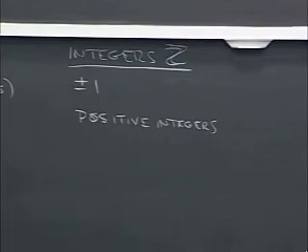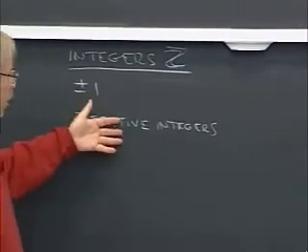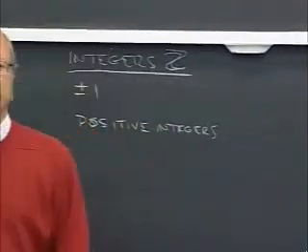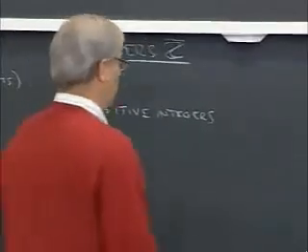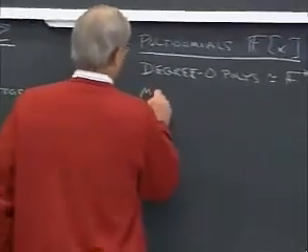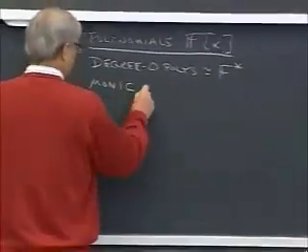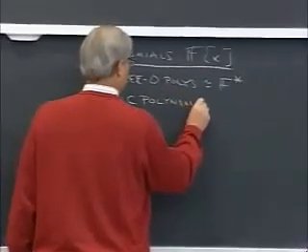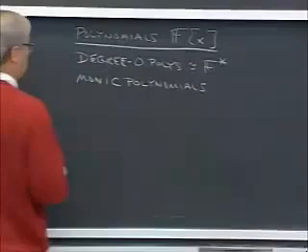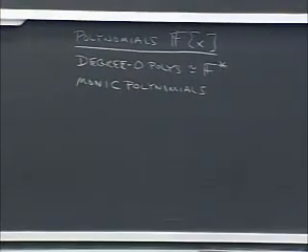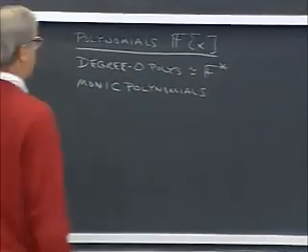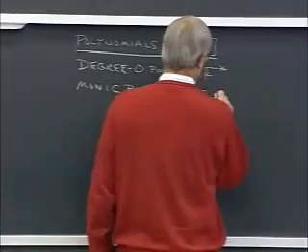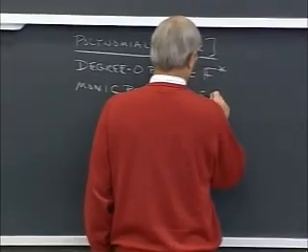It's trivial that if something is divisible by n, it's also divisible by minus n. Similarly, for polynomials, the representatives are taken as monic polynomials. And this means that the highest order term, f m, is equal to 1.